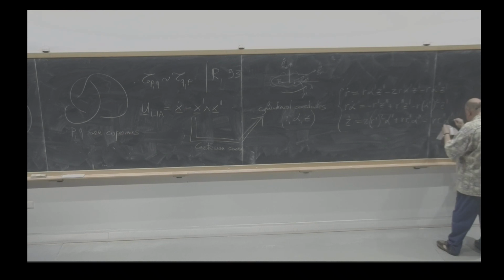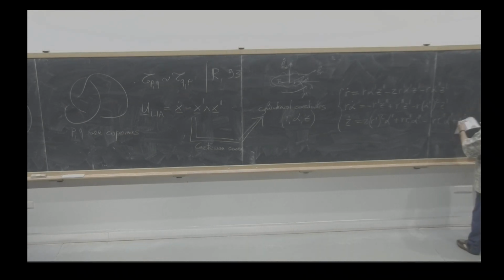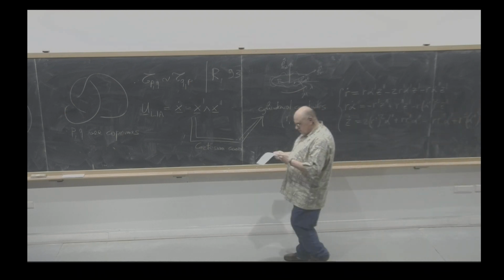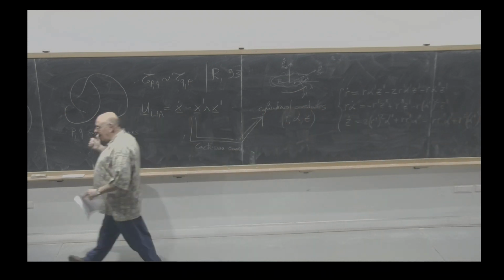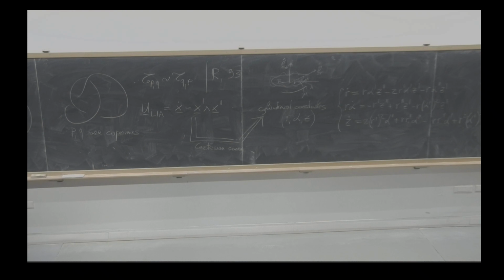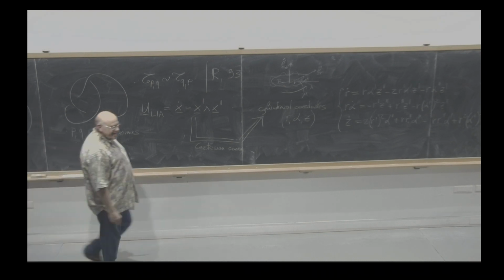Oh gosh, what have I done. Better to leave it. Alpha prime cubed. Yeah, right. So this is LIA in cylindrical polar coordinates, going through Cartesian coordinates.